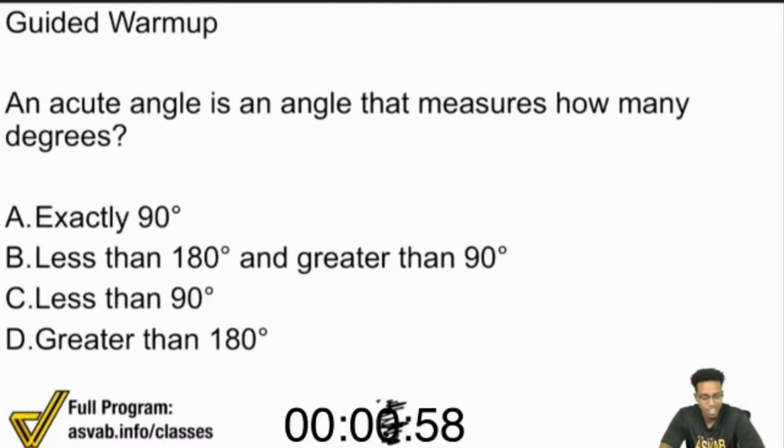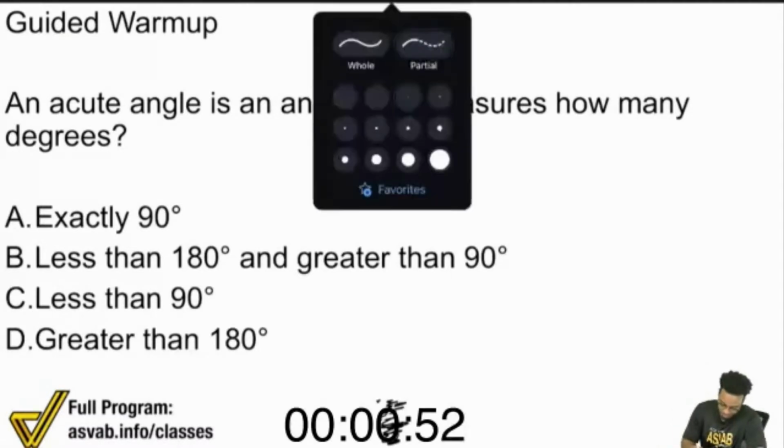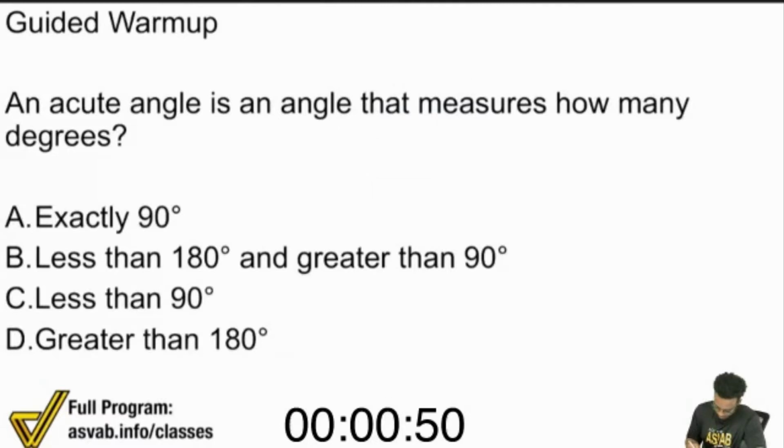What do we have? An acute angle is an angle that measures how many degrees? Let's find out. The options are A, exactly 90; B, less than 180 and greater than 90; C, less than 90; or D, greater than 180.